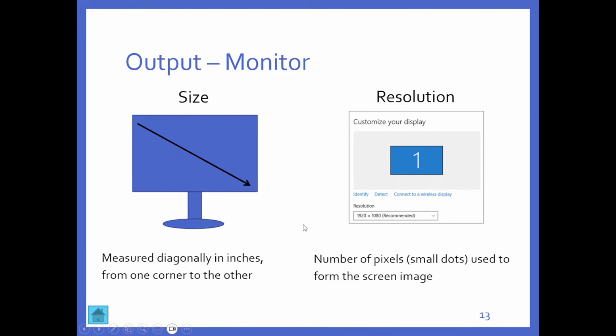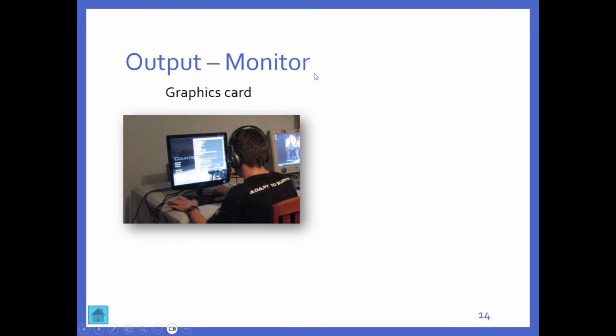When we talk about the resolution of a screen, of a TV, we're talking about the number of pixels. These are the small dots that are used to make up the image on the screen. The higher that number, the better the quality of the image. So the resolution is really talking about the image quality that you are going to be getting at the end of the day.